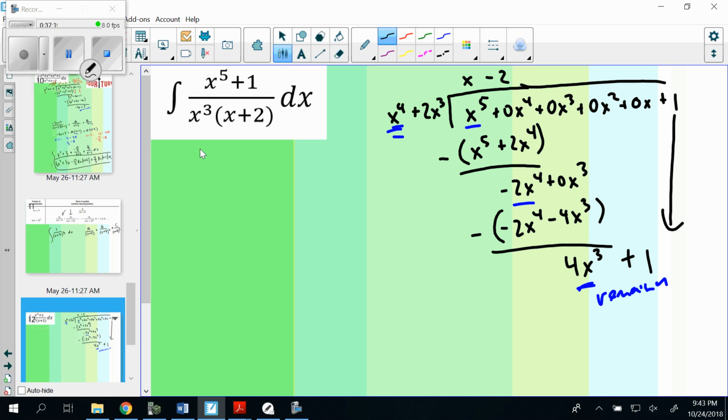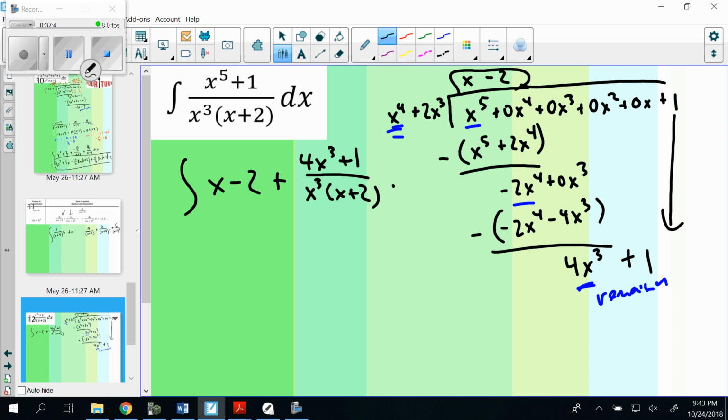So we would have an integral of what we got up on top here, x minus 2, plus our remainder of 4x cubed plus 1 over what we are dividing by, which was the x cubed times x plus 2. Okay, because this and this are the same.